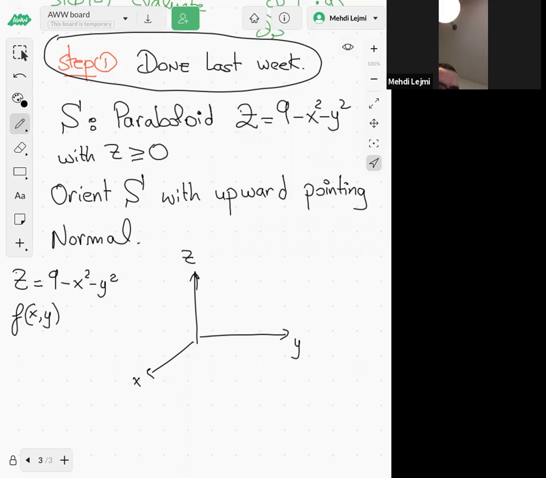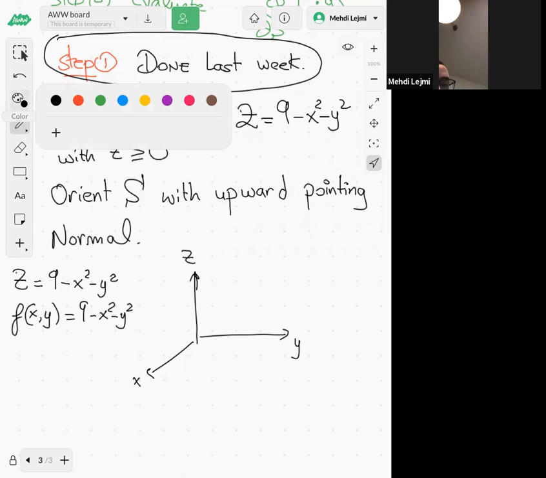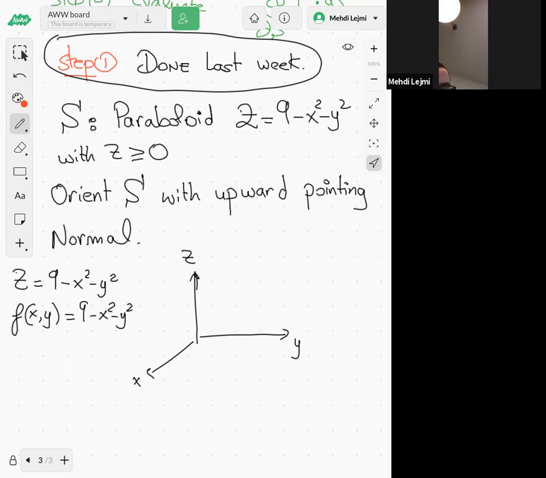So f of x, y is 9 minus x squared minus y squared, right? So we have this paraboloid. The vertex of this paraboloid, the highest point, would be 9. This paraboloid, of course, opens down because of the minus x squared minus y squared.